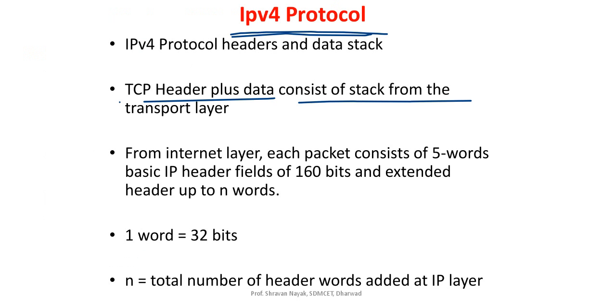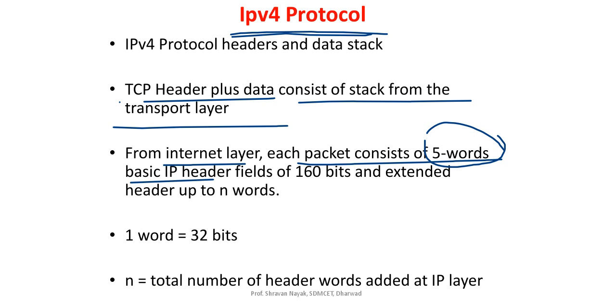Each packet consists of 5 words, basic IP header field of 160 bits and extended header up to n words. So this you will not be able to understand for the time being. So I will show you what exactly is the format that we follow in our IPv4 protocol. So once I show you the format diagram, you should be able to understand what exactly we mean by this, right? And here one word means 32 bits and n is the total number of header words added at the IP layer.